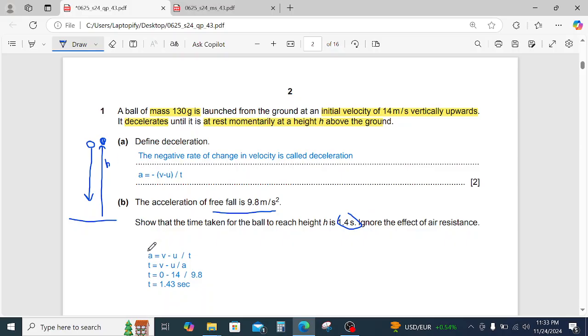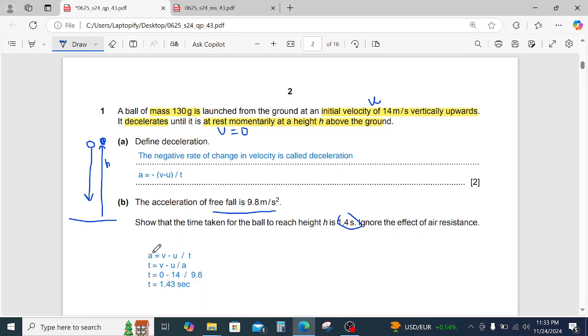So you have to apply the formula. Remember one thing, look at the question. When you are launching the object, the initial velocity u is 14 meters per second, and when it reaches this point, it comes to rest. It means this is your final velocity, which will be 0, right? I am writing here 0.